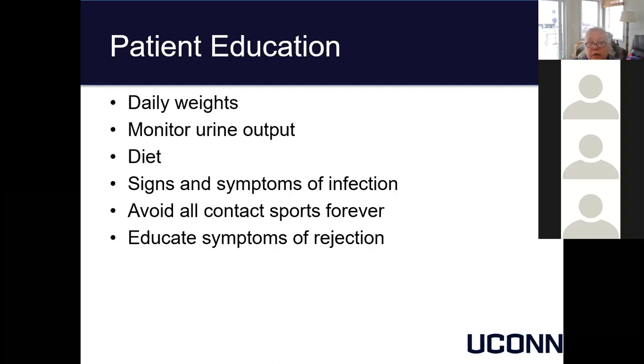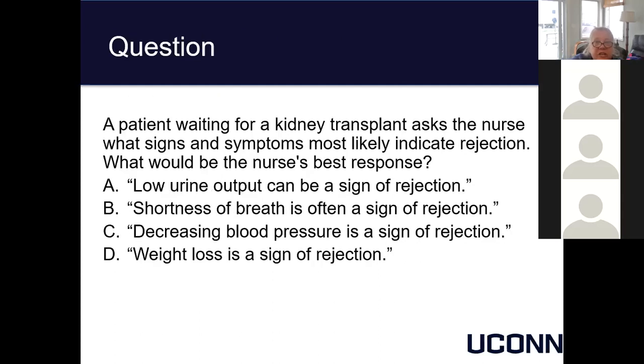They need to monitor for signs and symptoms of infection, not only from their transplanted organ, but again, because they're immunosuppressed, we need to monitor for infection overall. They don't want to damage that kidney with some external blow, so they refrain from contact sports. And again, they need to be educated about what the signs of rejection are.